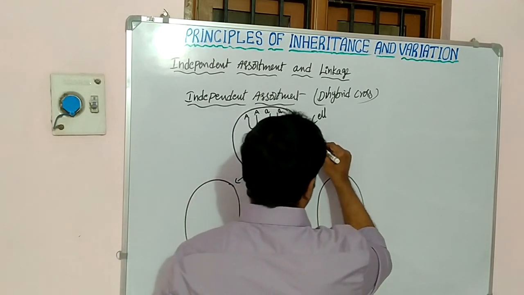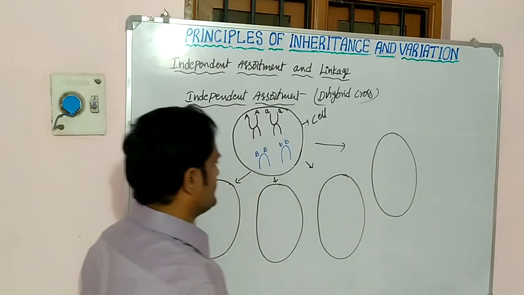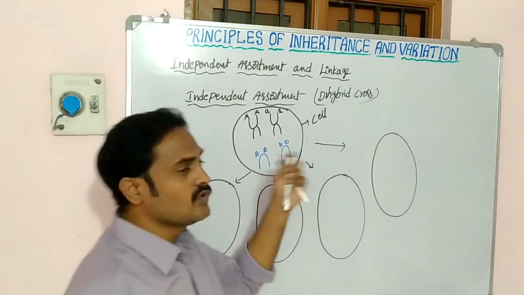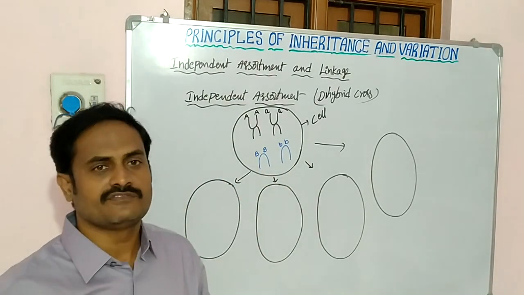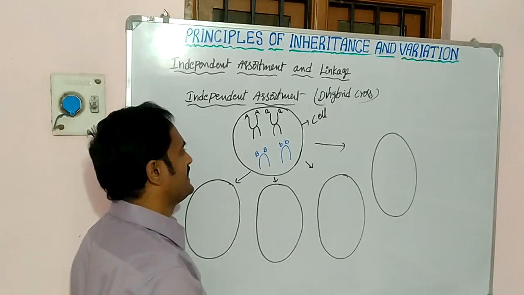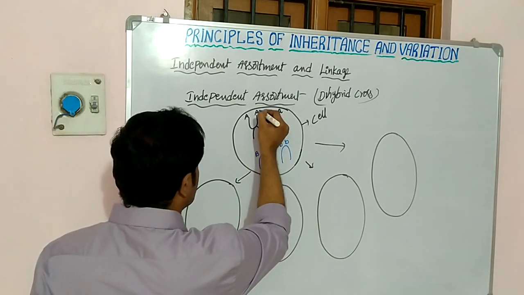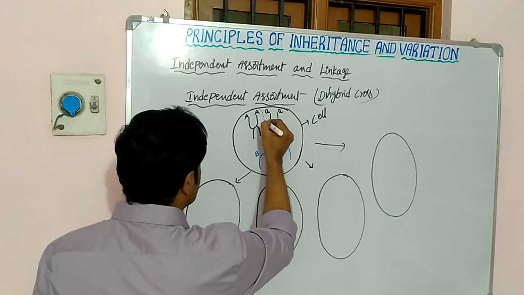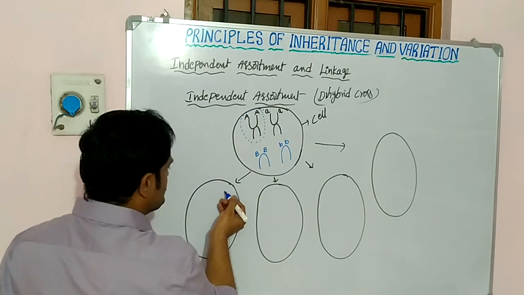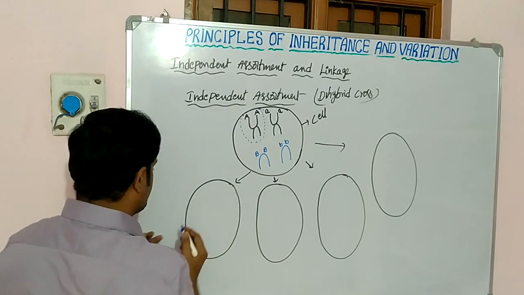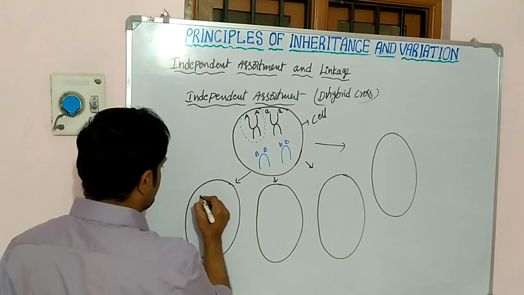So it is able to produce four cells. These are the four gametes. What kind of gametes will be produced from the parent cell? I will take this first one. This chromosome reaches into this cell. Suppose I draw the first chromosome here.